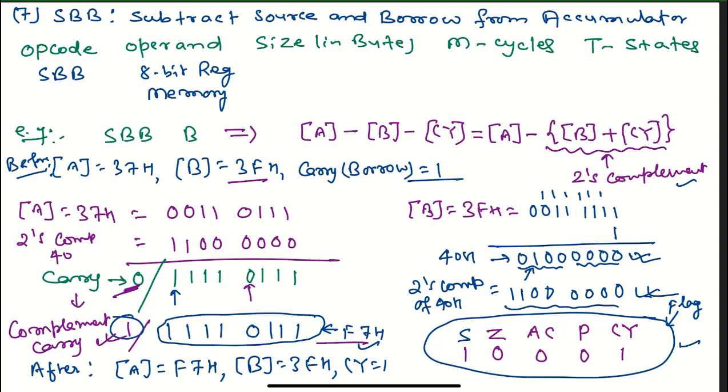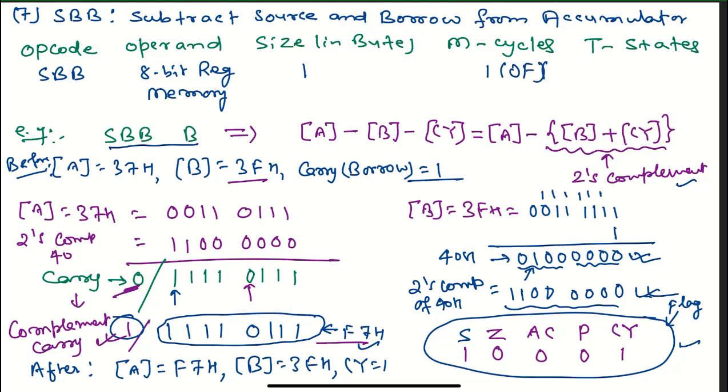Now we have to understand the rest of the fields, such as size. In this instruction, it has only English alphabet, so its size will be 1 byte only. And its machine cycle will be 1 only, because this opcode is coming from the memory. That operation is called opcode fetch.